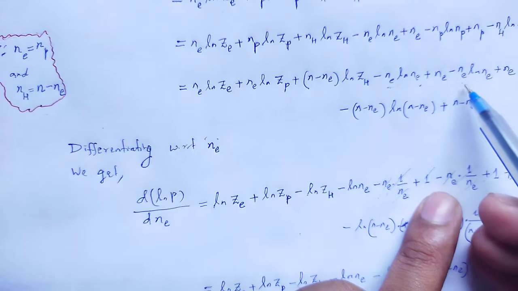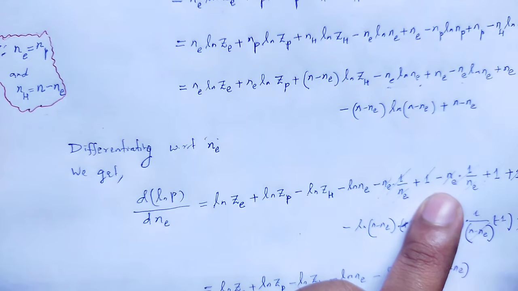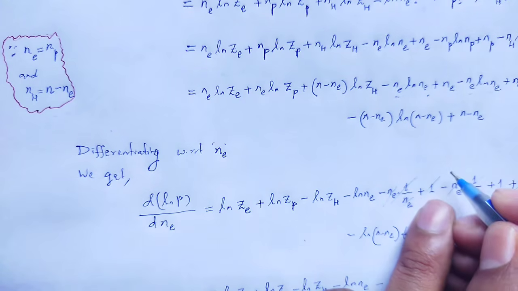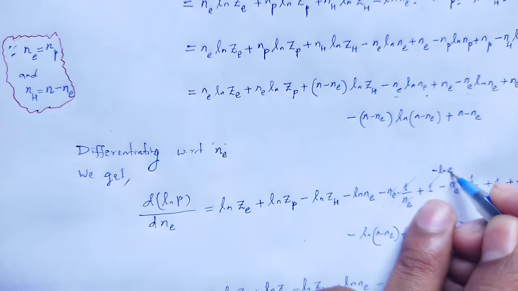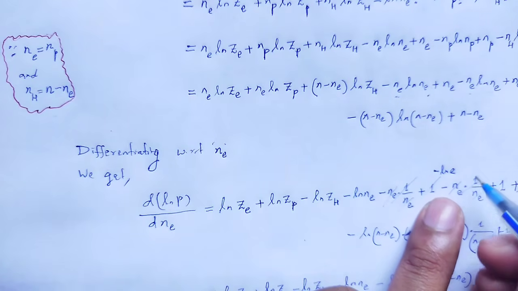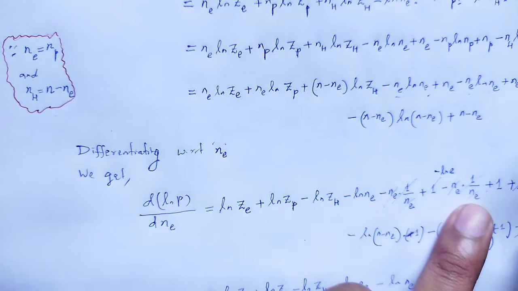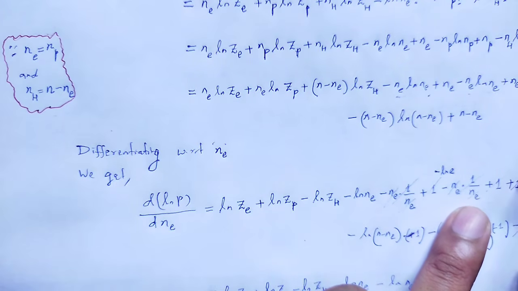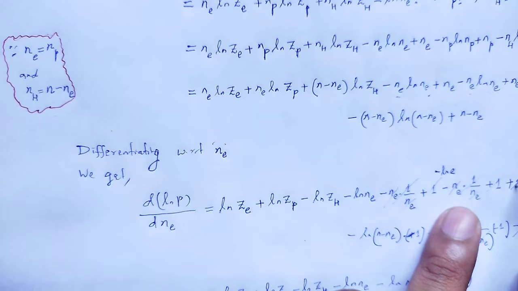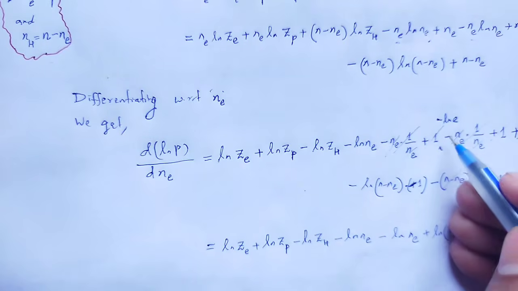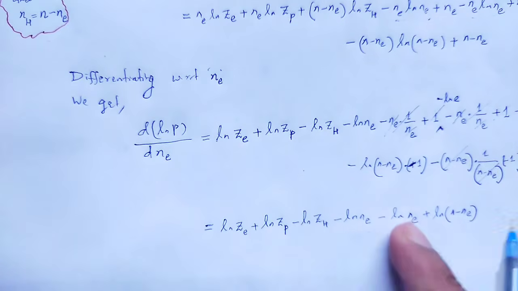Next in that term first we differentiate NE and minus ln E as constant, so minus ln E, next minus differentiation of first term NE ln E differentiation 1 by NE, next 1, like this it proceeds to that missing term now written here.